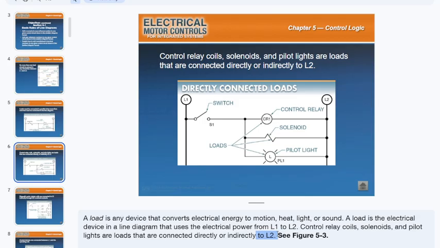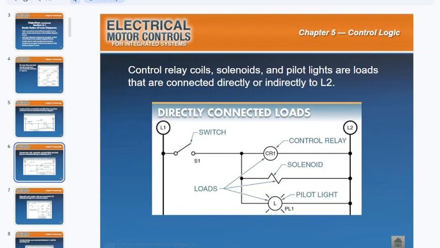All right, control relay coils, solenoids, and pilot lights are loads that are connected directly to L2. Meaning, if you're looking at this diagram, you notice on the right-hand side of those three loads, the relay, solenoid, and pilot light, the line goes straight to L2.